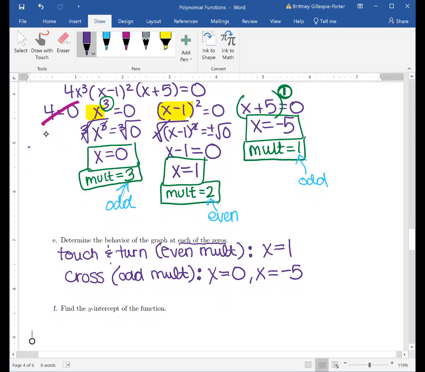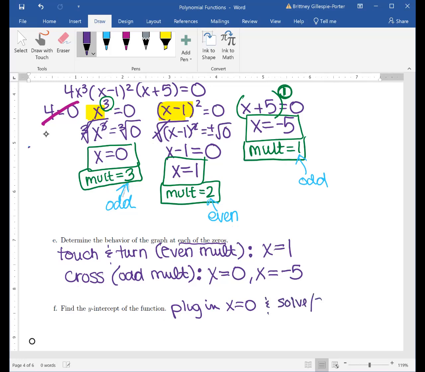Remember to find a y-intercept, you plug in x equal to 0 and solve or simplify if you want to look at it that way. Okay.